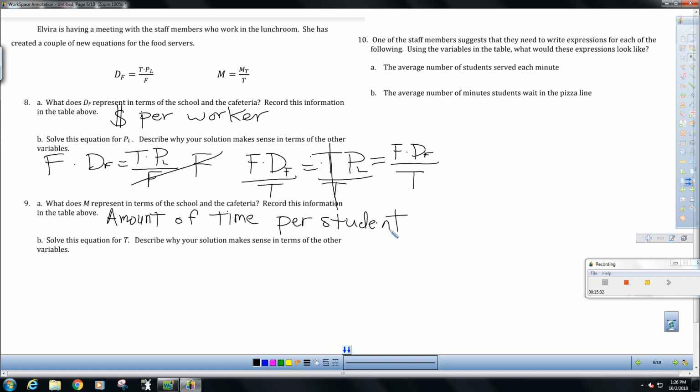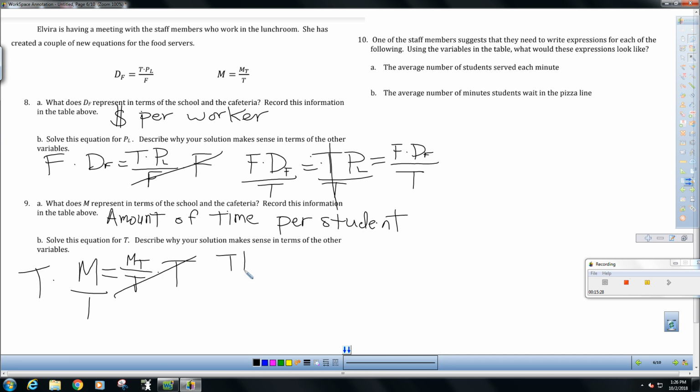Okay? Solve this equation for T. So M is M sub T over T. Yes, you've got to multiply both sides by T. And you get T times M. T divided by T is 1.